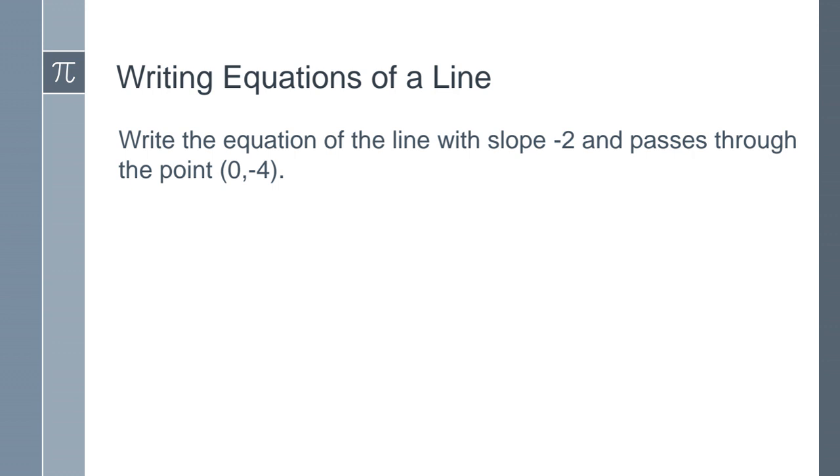Okay, now we have another example. Write the equation of the line with slope negative 2 that passes through the point 0, negative 4. Okay, now here's the solution. Do we know the slope and do we know the intercept?